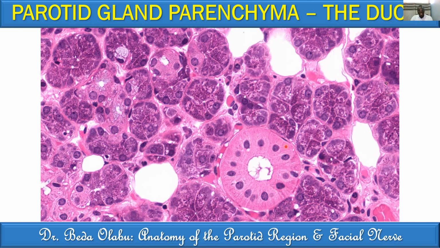Then the striated ducts are of high cuboidal or simple columnar epithelium, one layer of columnar cuboidal cells. As we can see here, they are definitely larger than the intercalated one. But why do we call them striated ducts? The basal zones of these cells display features of active transportation of ions.